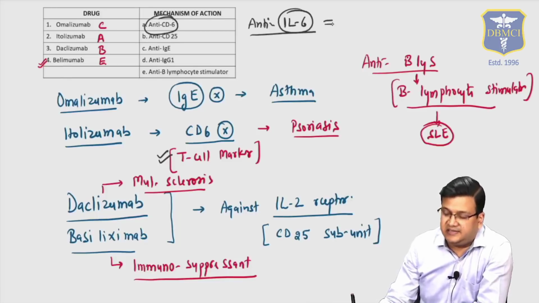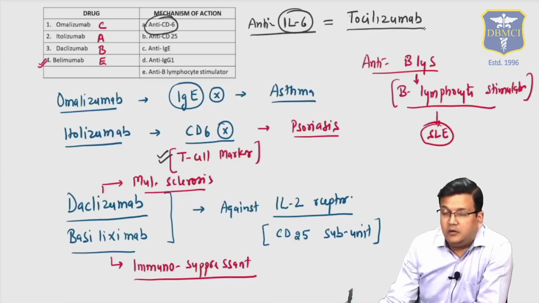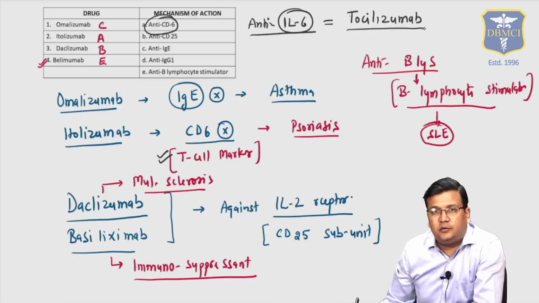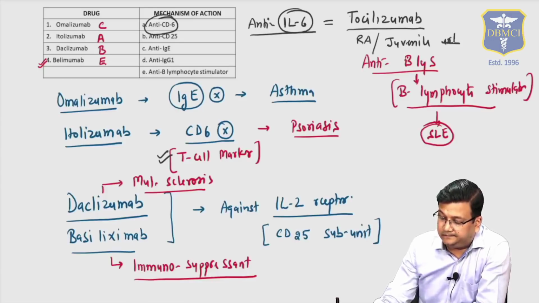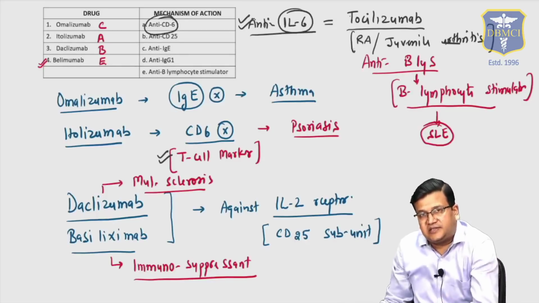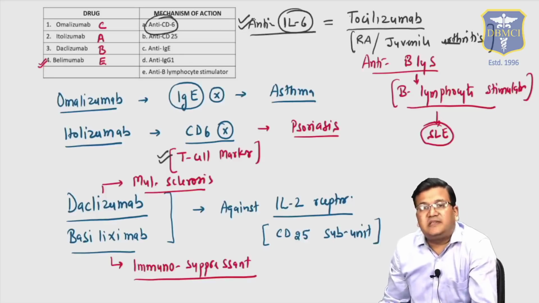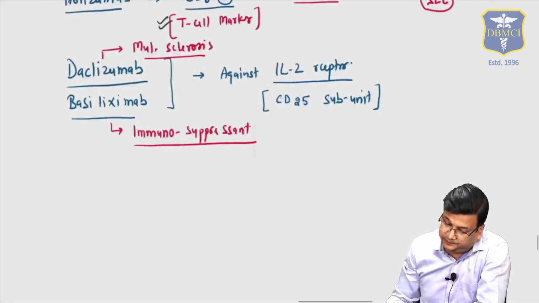So, anti-IL-6 antibody is known as tocilizumab. Tocilizumab is used for rheumatoid arthritis and juvenile arthritis. So, please remember CD6 is different, interleukin 6 is different. Tocilizumab is against interleukin 6 and itolizumab is against CD6.